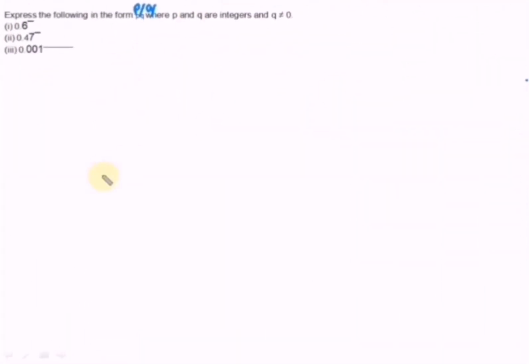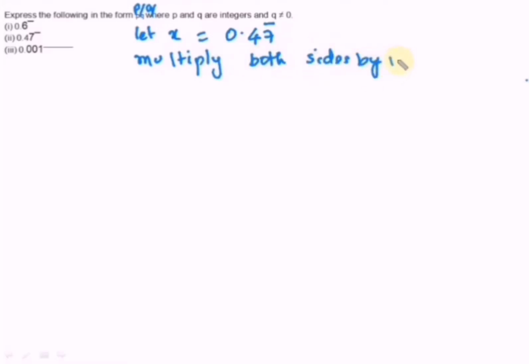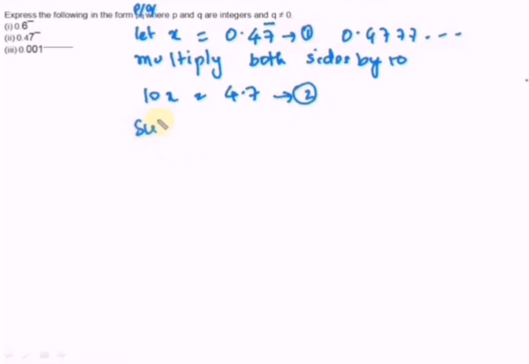Now the next sum, let x be 0.47 where only one number 7 is going to repeat. So you are going to multiply both the sides by 10 because one number is going to be repeated. You will get 10x is, so this point shifts here, it becomes 4.7. This is 0.47777 and so on. This is equation 1 and this is equation 2. Subtract equation 1 from equation 2.